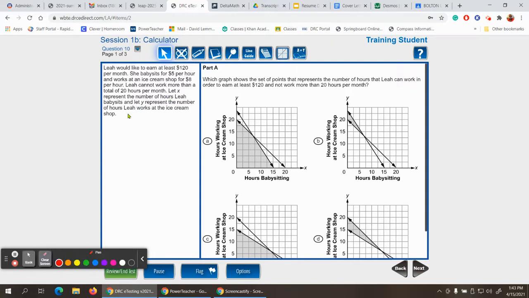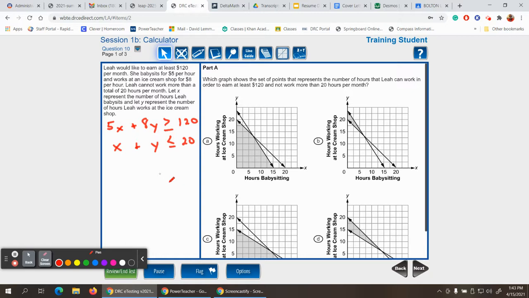So if she works, 5x, that's babysitting, plus 8y, which is the ice cream shop, she wants to earn at least, which would be greater than or equal to $120. Now her hours at x plus her hours at y have to be less than or equal to 20. So those are my two equations.